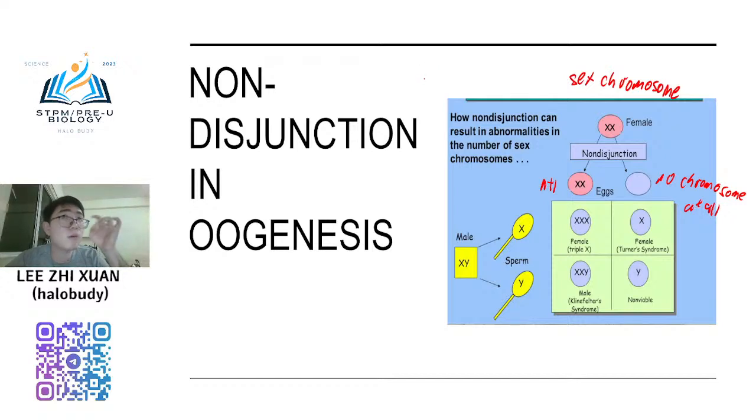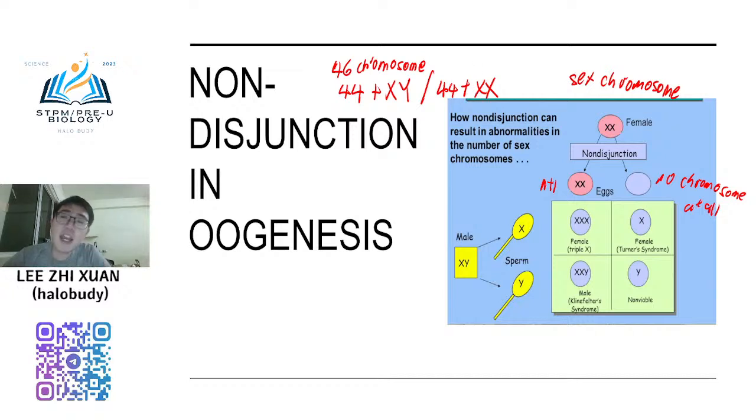In our autosomal chromosomes, you will know that humans have 46 chromosomes, with 44 plus XY for male and 44 plus XX for female, right?